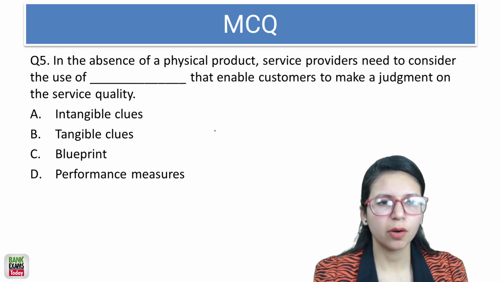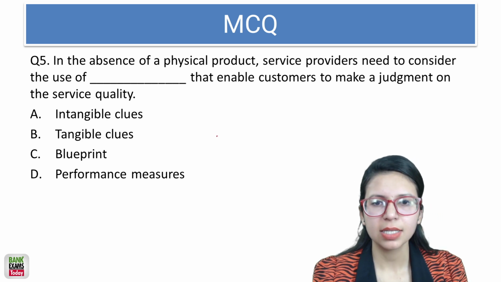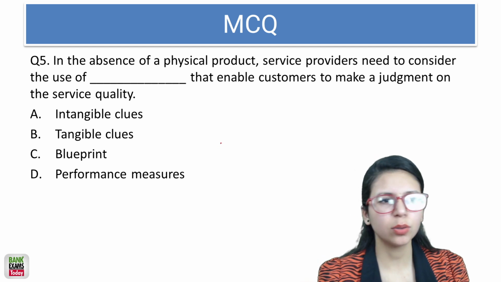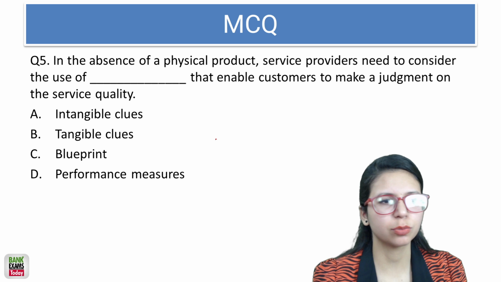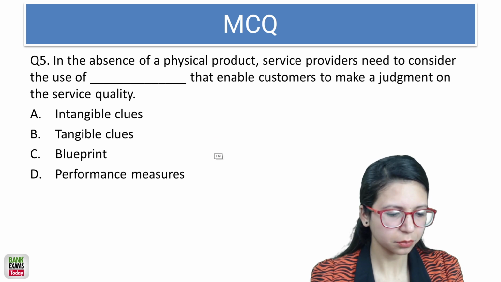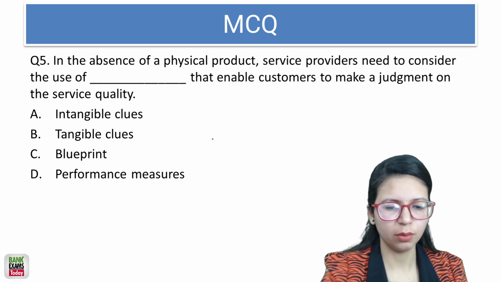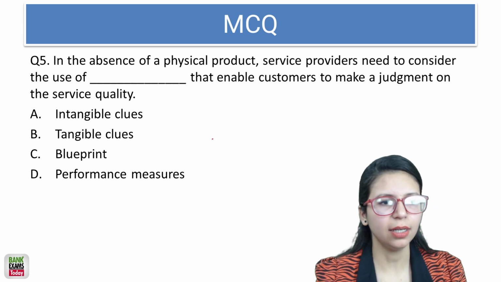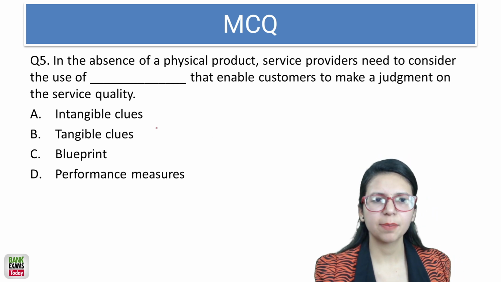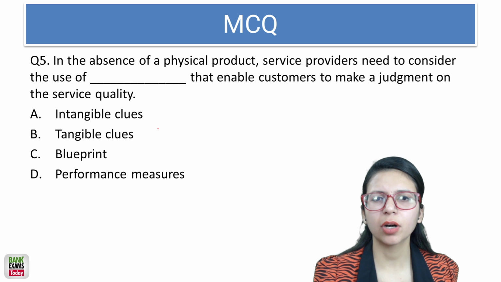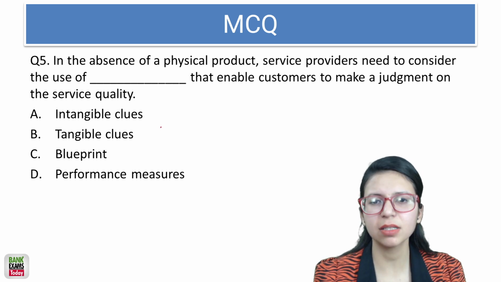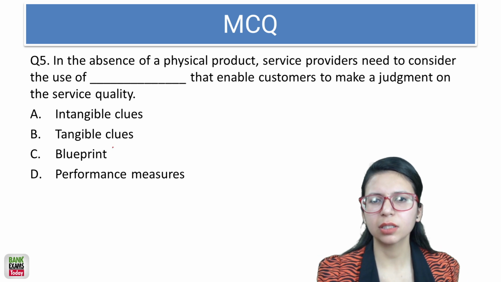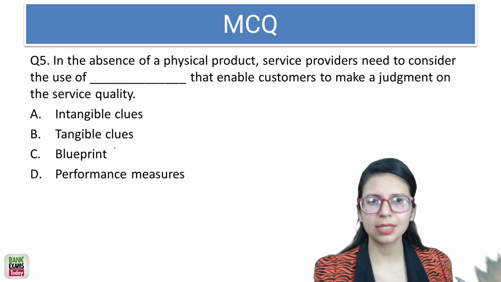In the absence of a physical product, providers need to consider the use of dash that enable customers to make a judgment on the service quality. Now, what will be the answer? Service is intangible, there can't be any physical product in a service, right?